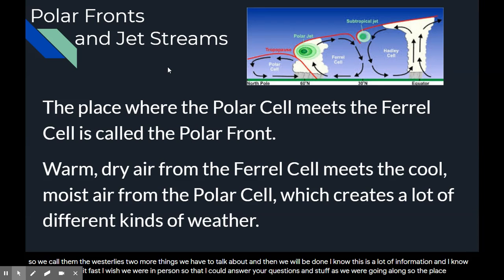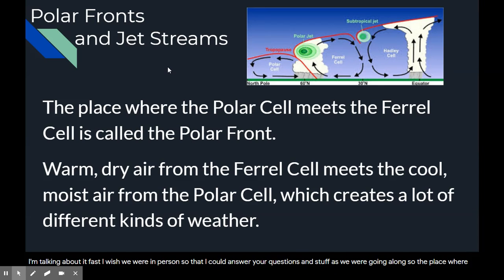So the place where the polar cell meets the Ferrel cell is called the polar front. It's right here. And what we get is the warm, dry air from the Ferrel cell is going to run into the cool, moist air from the polar cell.